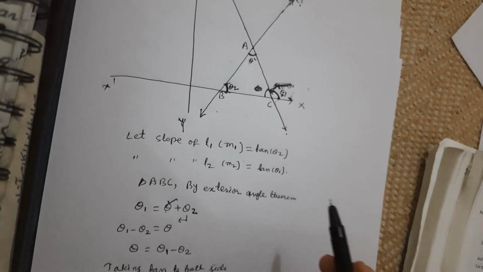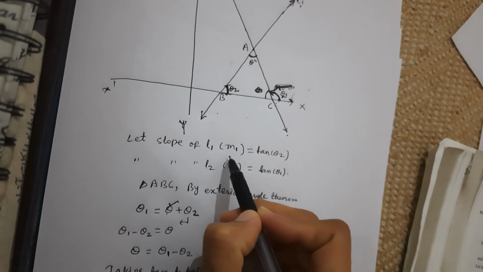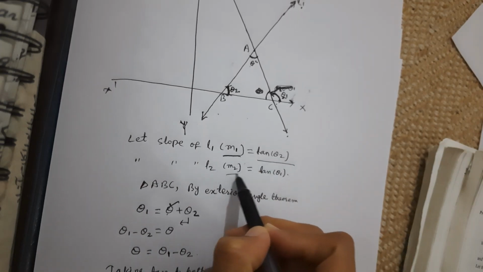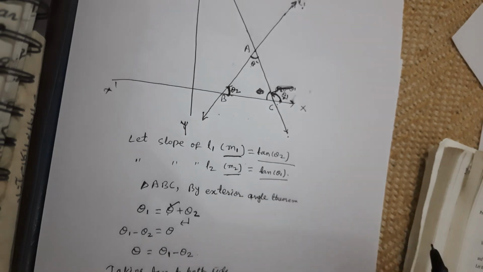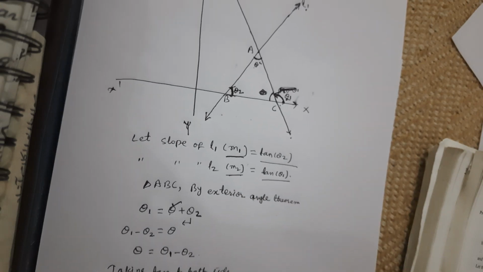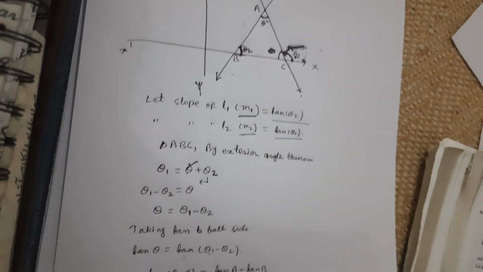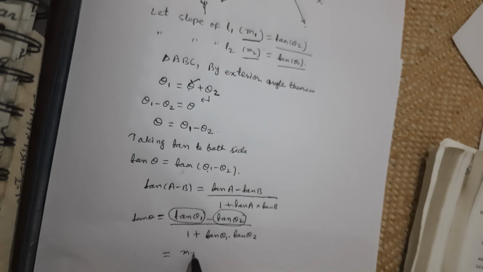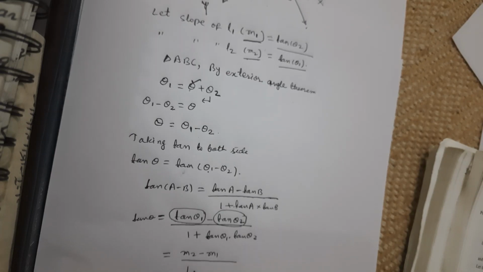From the angle of inclination we know that the value of M1 is tan theta 2 and the value of M2 is tan theta 1. So the value is M2 minus M1 upon 1 plus M2 into M1.